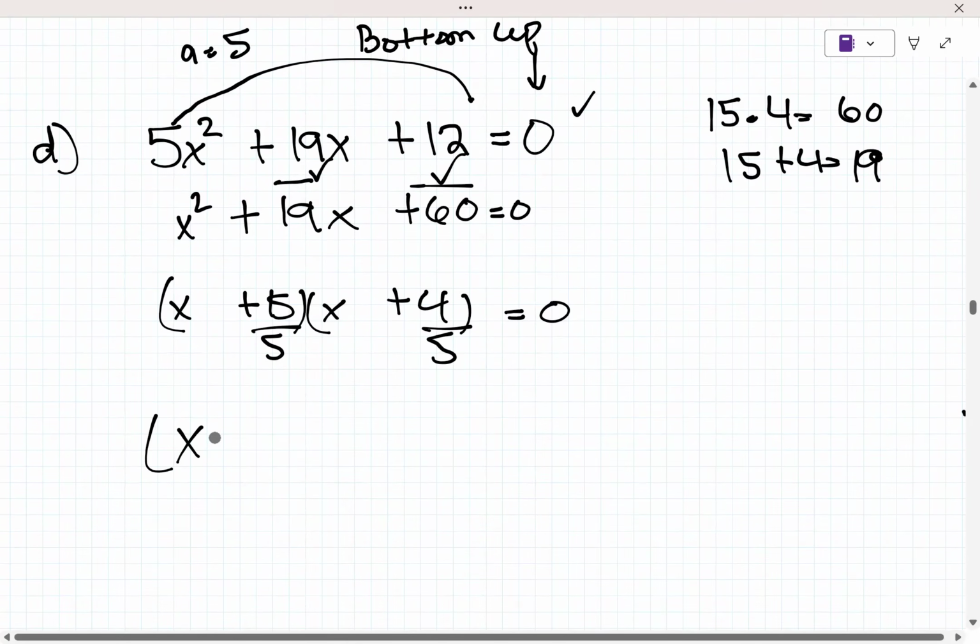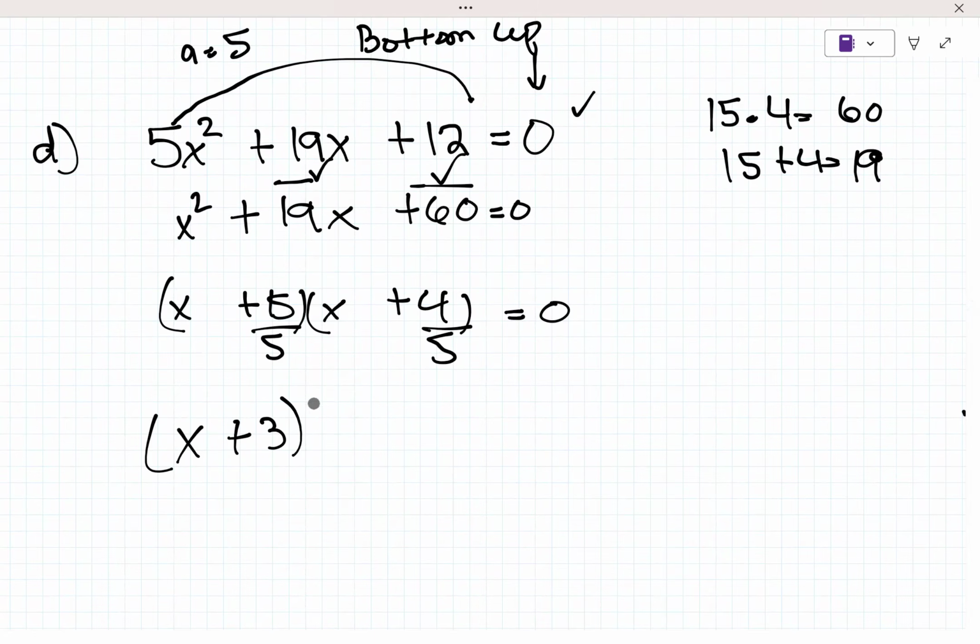Over here, I'm going to try to reduce. 15 divided by 5 comes out nicely as 3. And 4/5 can't be reduced. So what you're going to do is put the 5 in front of the x, and then leave the parentheses.